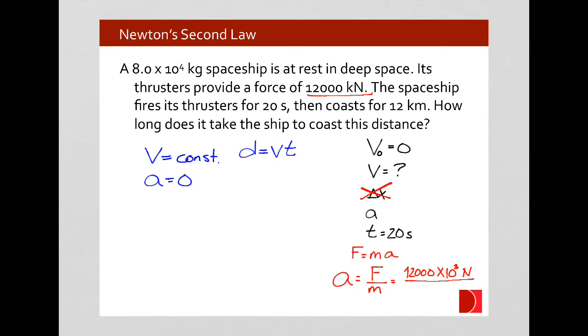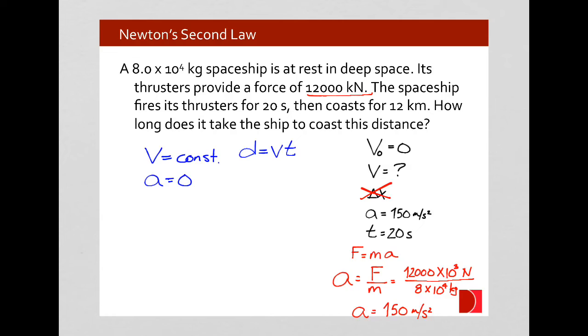We're going to divide by the mass, which is already in kilograms, which is what we want. And we get that our acceleration is 150 meters per second squared. That's the acceleration that a ship that size would achieve with the engine thrust that we're given.